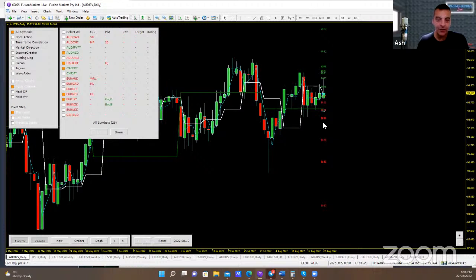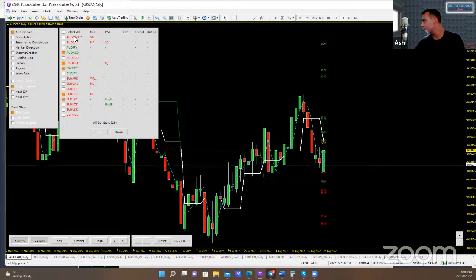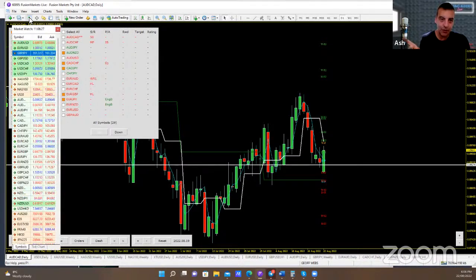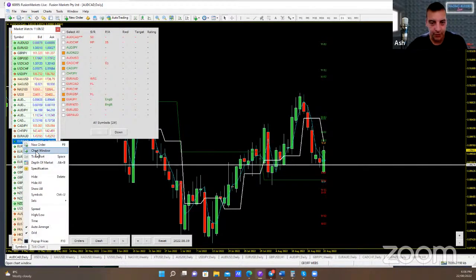So it really does push you towards Aussie CAD as a potential, and the only other one that was weak on the COT data. And if you were comparing COT data, the Euro CAD is the one, because the Euro is at its weakest point throughout the year, according to speculators, and the COT data for CAD is at its strongest point during the year.